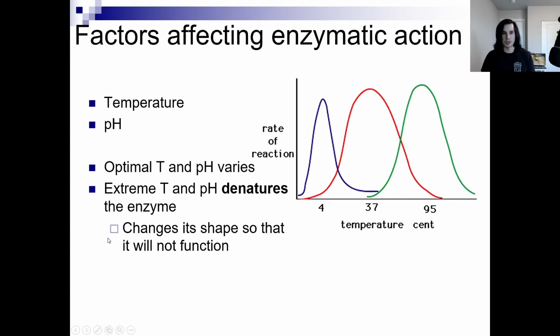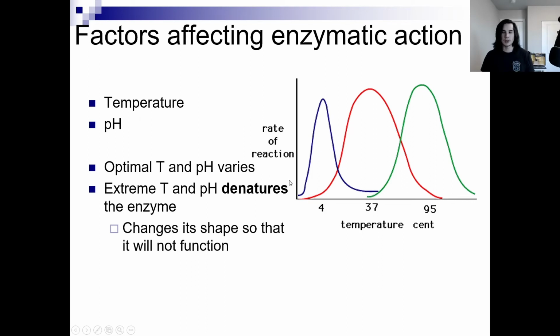So it's going to change its shape. If we're breaking those hydrogen bonds, we're changing its 3D shape. Remember, an enzyme's 3D shape is what determines its function. And so if we change its shape, now it can no longer function. And so let's say this enzyme that we find in a bacteria living in the North Pole, we bring it to a more temperate climate. It is actually too hot for that enzyme, so it becomes denatured.